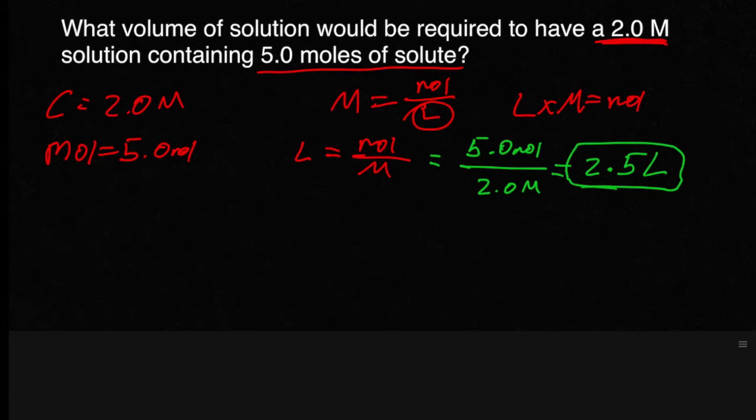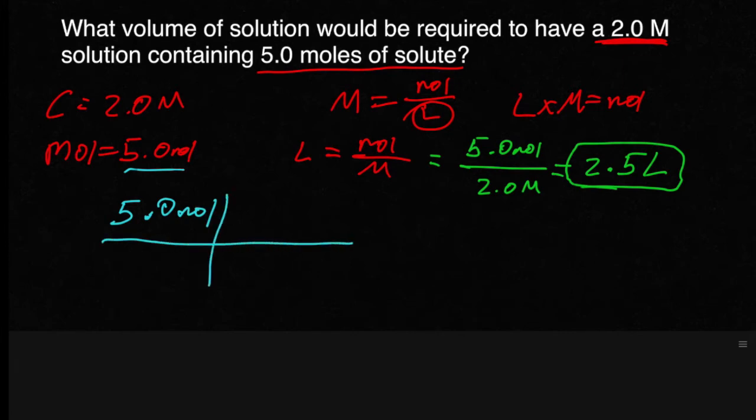We can treat this problem like a dimensional analysis. We're given 5.0 moles of solute. That's an amount, so we can start with 5.0 moles of our solute. And notice molarity has units of moles per liter, so we can use it as a conversion factor to convert between moles and liters.